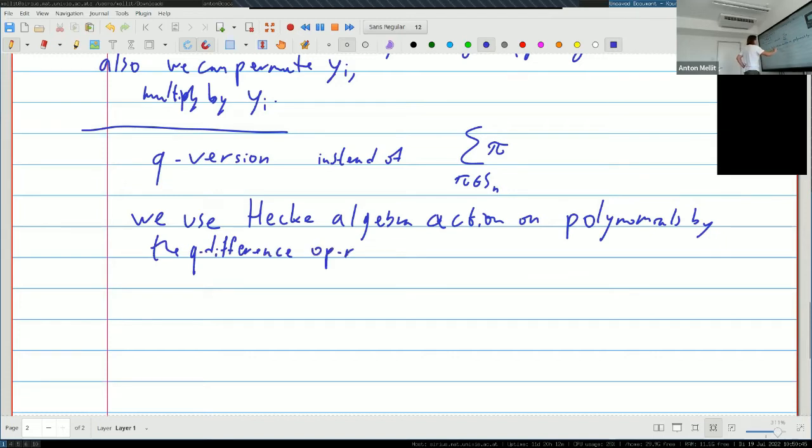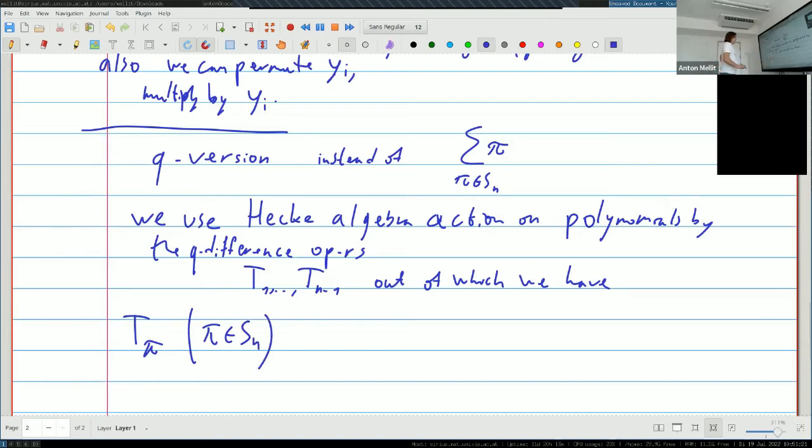You can look up the formula. So we have these operators T1 through Tn minus 1, which correspond to simple reflections. And then out of these we have other operators, T pi for any pi in S_n.